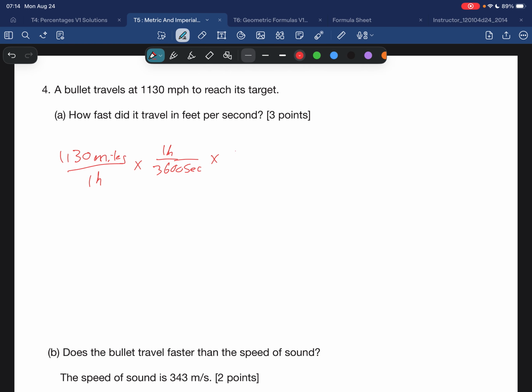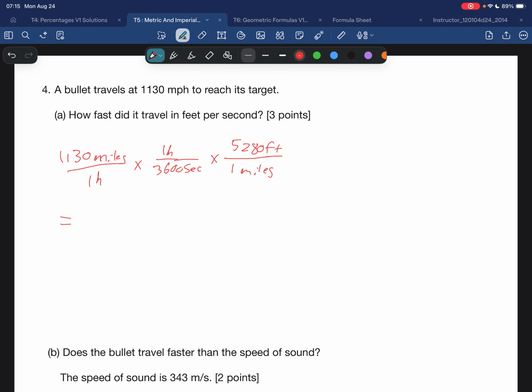And let's convert miles to feet. There are 5,280 feet in a mile. If you're not sure where I'm getting these conversions from, check the formula sheet. The time 1 hour to seconds is not on there, but what hours to minutes is, and minutes to seconds is. So from there, you can put this together with just one extra step.